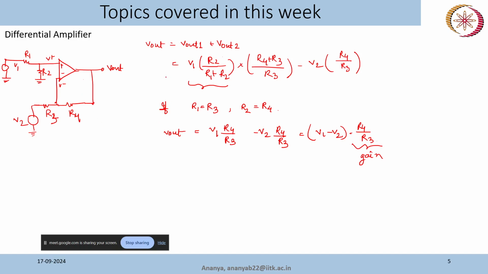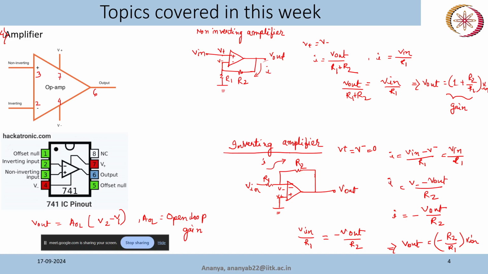So these are the three configurations, the three ways we can do the amplification, and why a differential amplifier? In case of some differential input we can use it, for example in case of a thermocouple the output is a differential output, so in that case for amplification this configuration can be used, and in other cases we can use a non-inverting and inverting amplifier or any other amplifier.